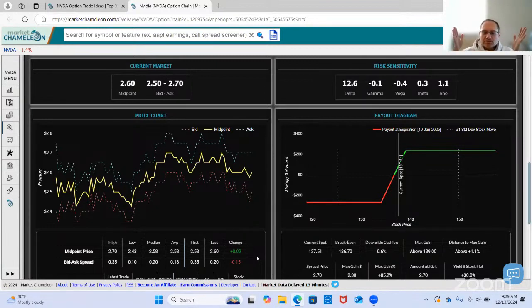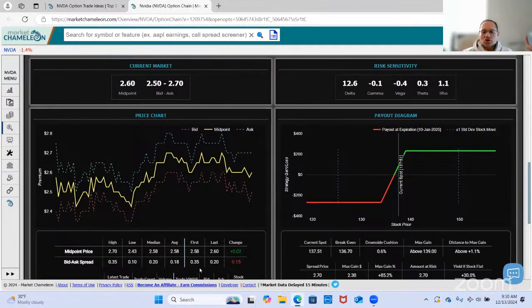What about the spread between the bid and offer? Well, the widest spread was 35 cents. The most narrow is 10 cents. The median is 20 cents and the average is 18 cents. So about 20 cents like over here. That's where we on average saw at the median, but it got tighter, sometimes as tight as 10 cents.